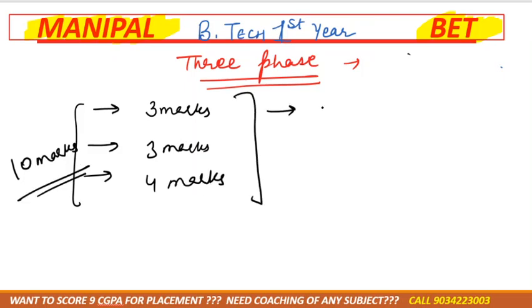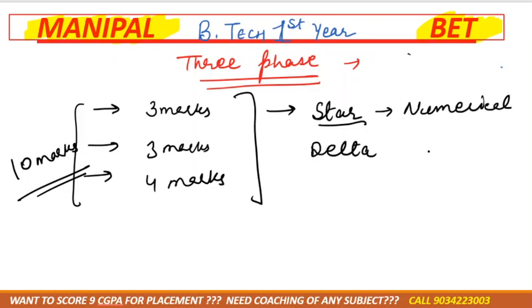And what are those three questions? There are two types of question. Either they'll give you the numerical based on star, or they'll give you the numerical based on delta, or they'll give you the numerical or maybe the derivation also, based on power measurement.